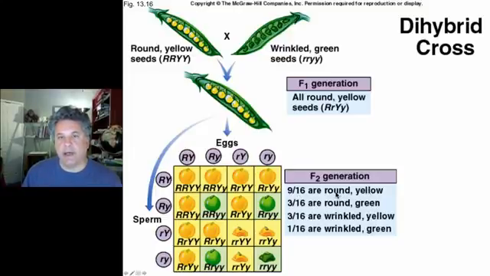That is, they have the dominant phenotypes, round and yellow. Only 1/16 of the progeny peas were wrinkled and green, that had the double recessive phenotypes. 3/16 had the dominant phenotype for pea texture but the recessive phenotype for color. And another 3/16 had the recessive phenotype for texture and the dominant phenotype for color.